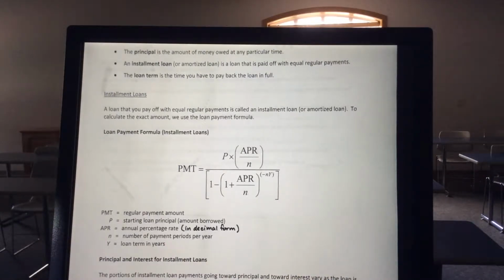And then N is the number of payments per year, and Y is the loan term, that's going to be in years. Usually when you pay off a loan, it's going to be paid off using regular monthly installments.